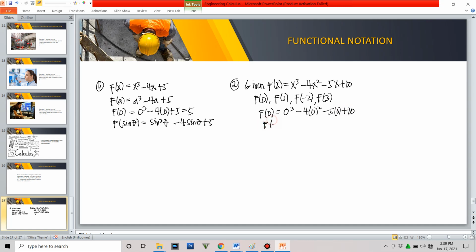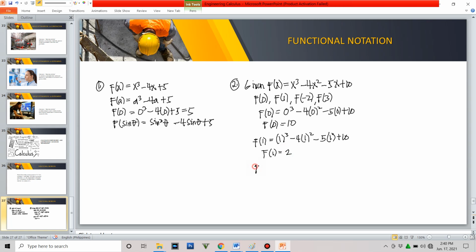Therefore, f(0) shall equate to 10. And then for f(1), you just have to substitute that into the equation. So the value will be equal to positive 2.